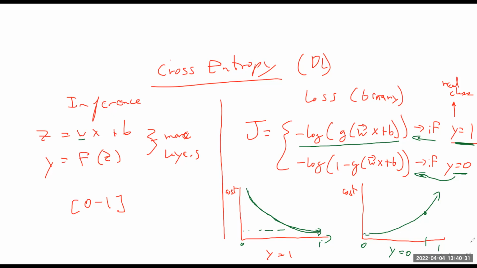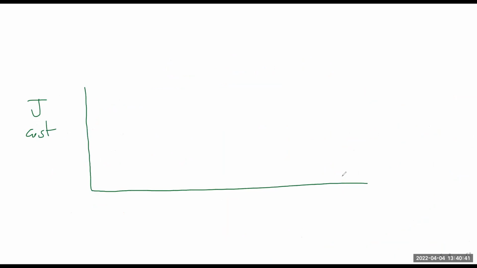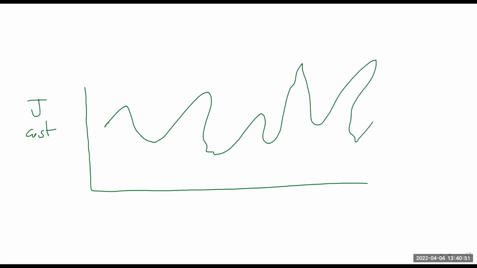Now to generalize this to deep learning and to conclude, in deep learning you have the J, or the cost function. Because they're so complex, with so many layers, the actual function may look like a whole bunch of these things together.